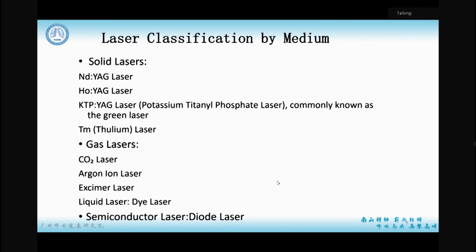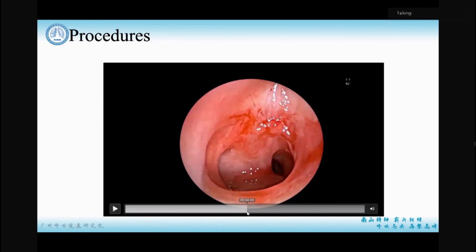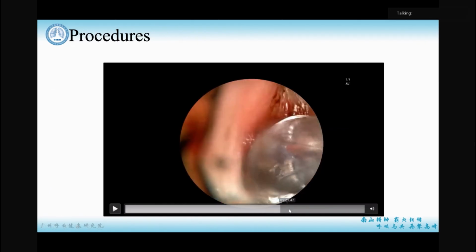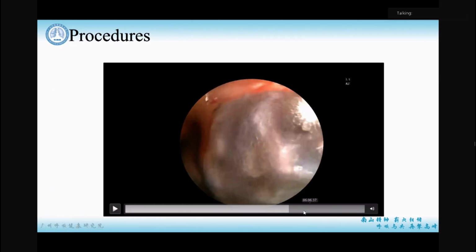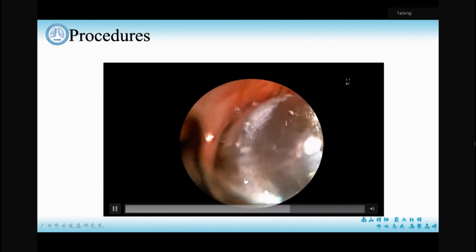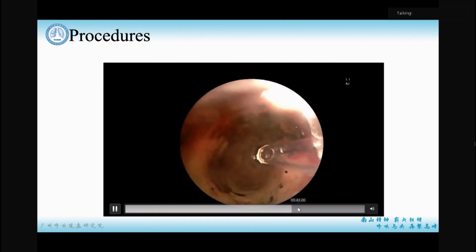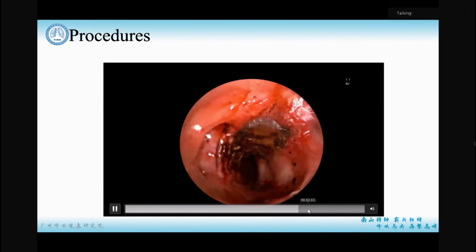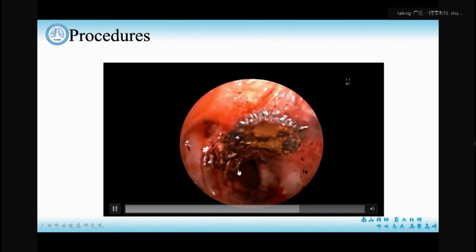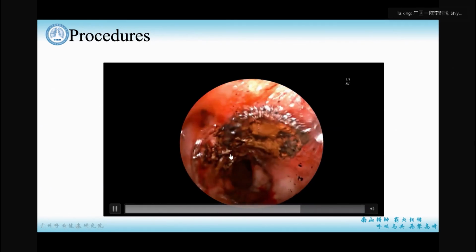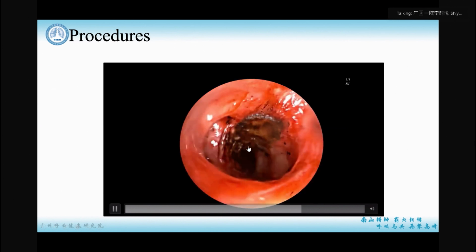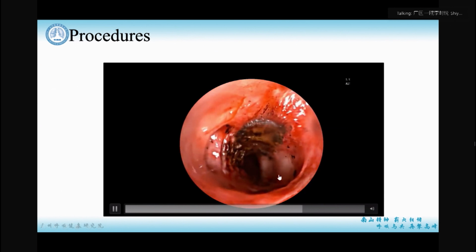Here we can see the diameter is about 10 millimeters.